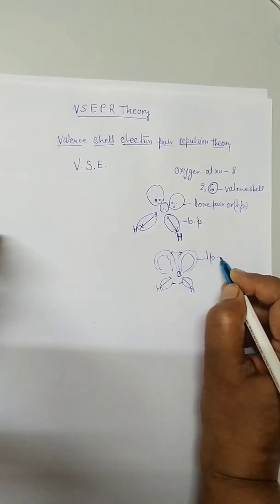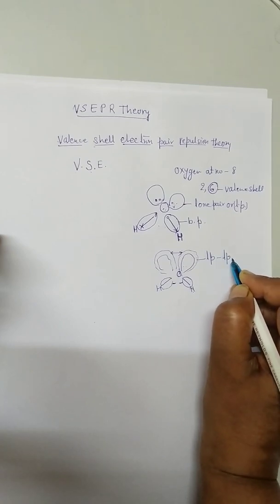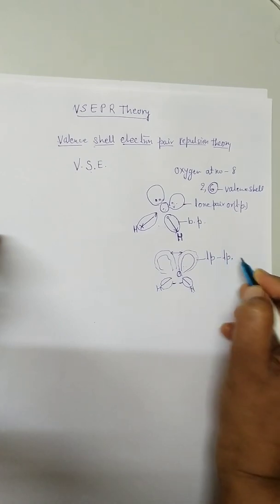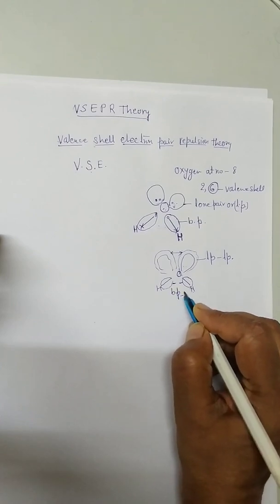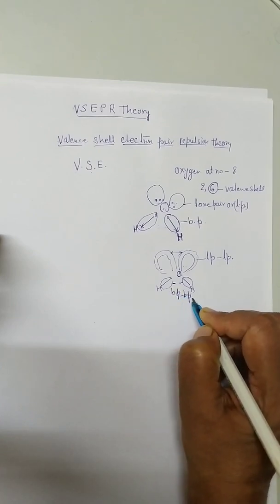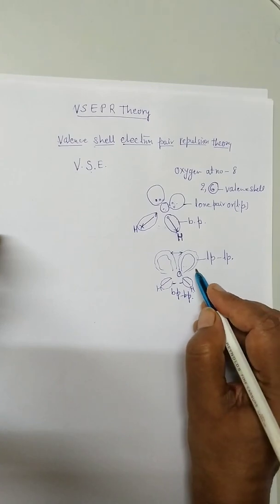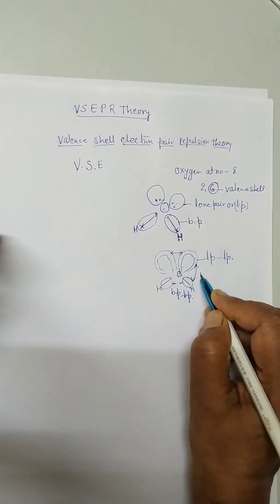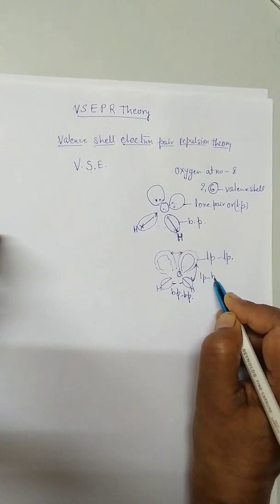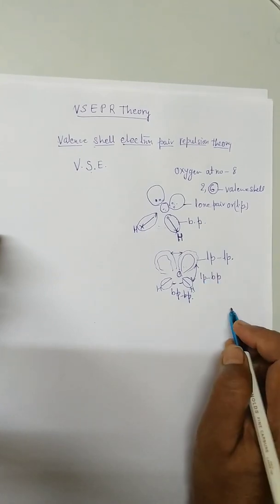Means the lone pairs have very strong repulsion, and the bond pairs also have repulsion. A lone pair and a bond pair also have repulsion.